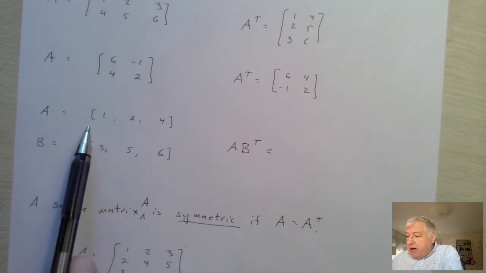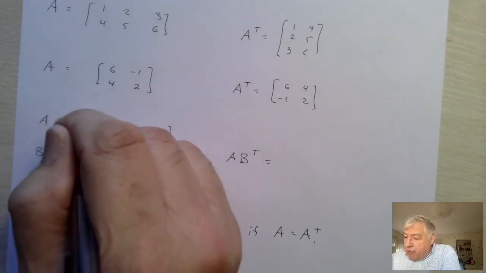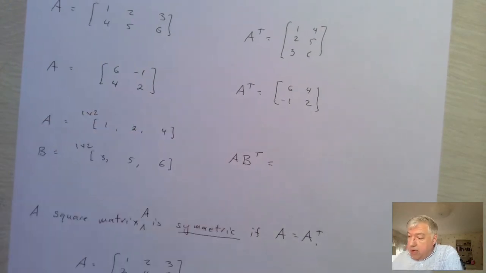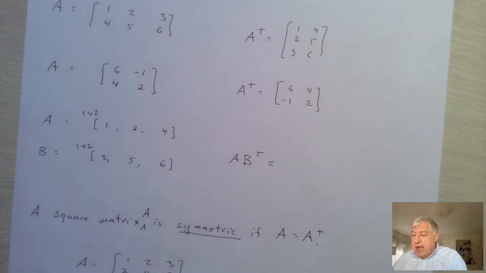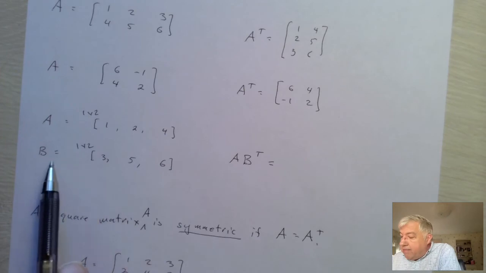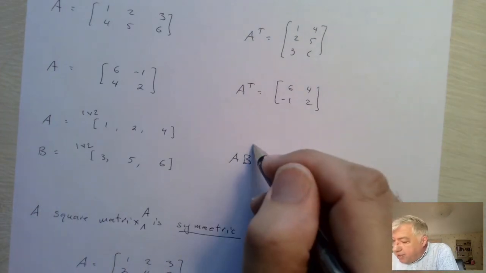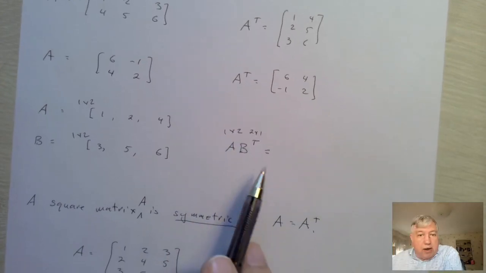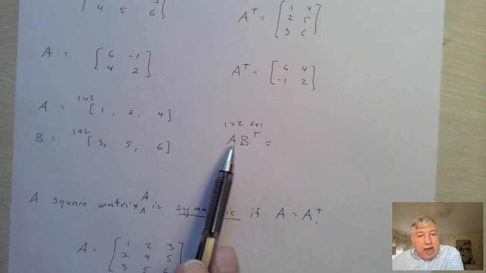Here A and B are both 1 by 2 matrices. Normally we can't multiply A times B, but in this case we can, because B transpose is a 2 by 1. So this is a 1 by 2 times a 2 by 1, and now we can do this.